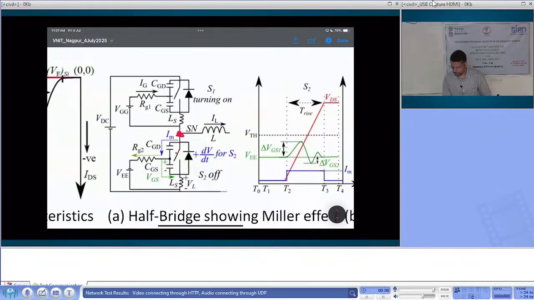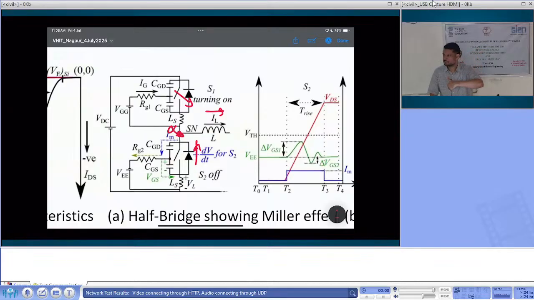Now you turn on the top switch. Let me call this node alpha. Its potential when both devices were off was 0, since if the current was going out, the bottom diode was freewheeling. Now when the top device turns on, the potential of alpha will go from 0 to VDC.